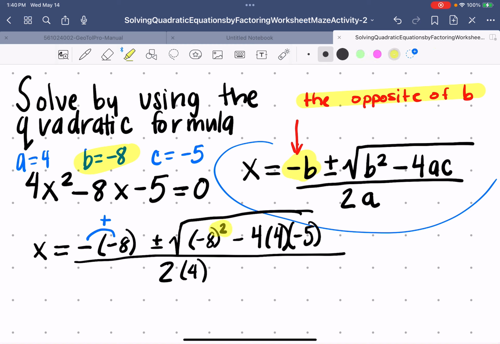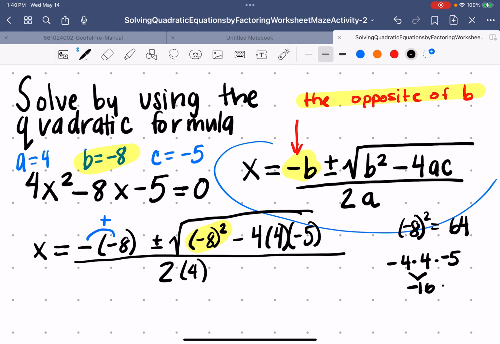Okay? Negative 8 squared is going to be positive 64. If you're not getting a positive, you're typing it into your calculator wrong. Okay? Negative 4 times negative 5. Well, that's negative 16 times negative 5. So that's a positive 80.